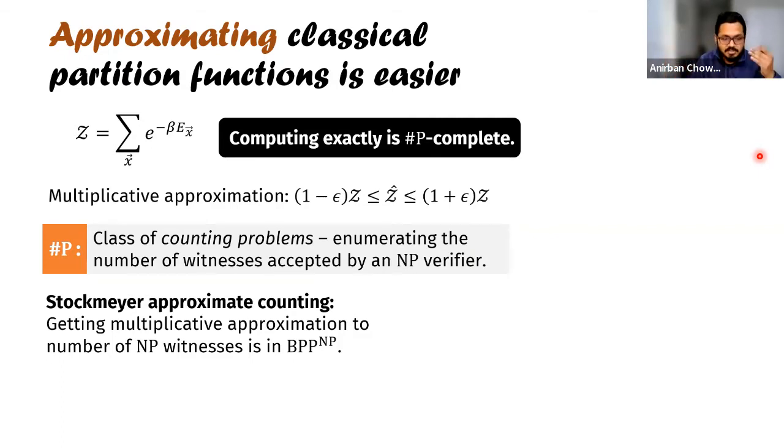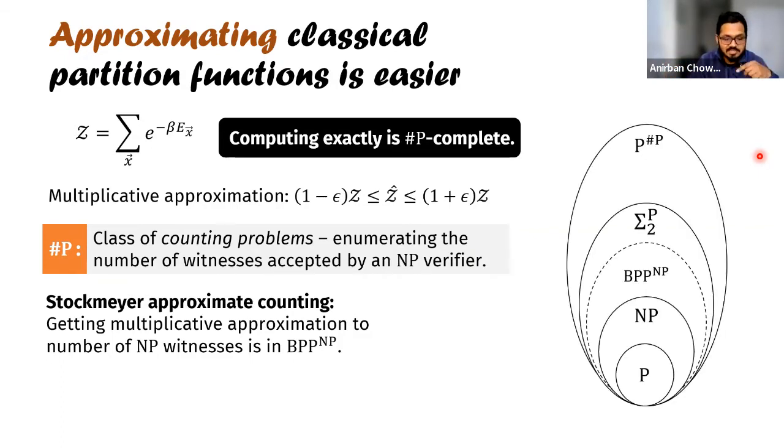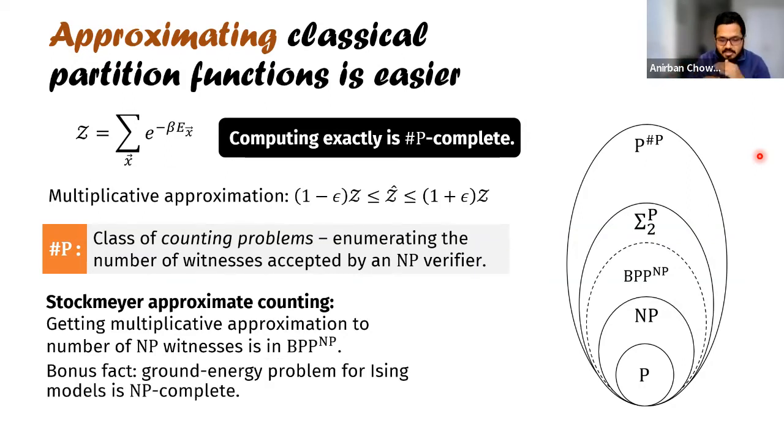So this BPP raised to NP is still a large complexity class, larger than NP, but in some sense less difficult than sharp P. It lies in the third level of the polynomial hierarchy. And based on the additional fact that computing ground state energy for these kinds of spin systems is NP complete, we have nice characterizations of the difficulty of equilibrium problems for classical statistical mechanical systems.